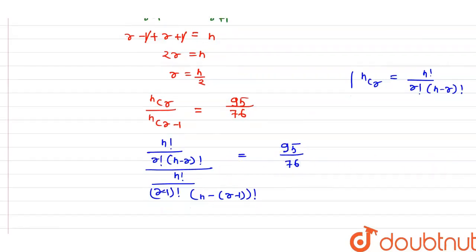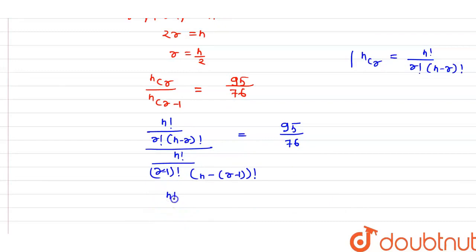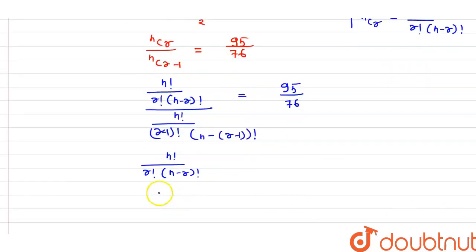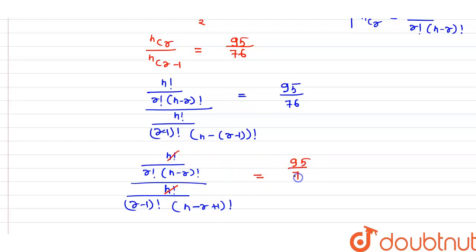Then we simplify: n factorial upon r factorial into (n - r) factorial, divided by n factorial upon (r - 1) factorial into (n - r + 1) factorial. The n factorial cancels with n factorial, and this is equal to 95 upon 76.